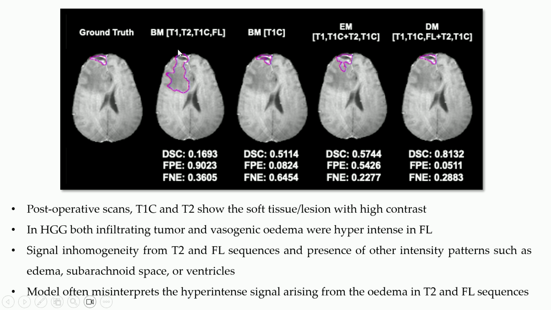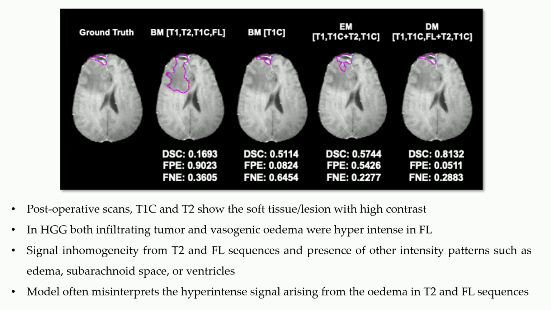And when we train the model with all 4 inputs, you can see that the model over-segmented with the FLAIR intensity just under this resection cavity. So in the post-operative cases, in T2 and FLAIR sequences, there will be a signal inhomogeneity because of the intensity patterns from things like edema or ventricles.